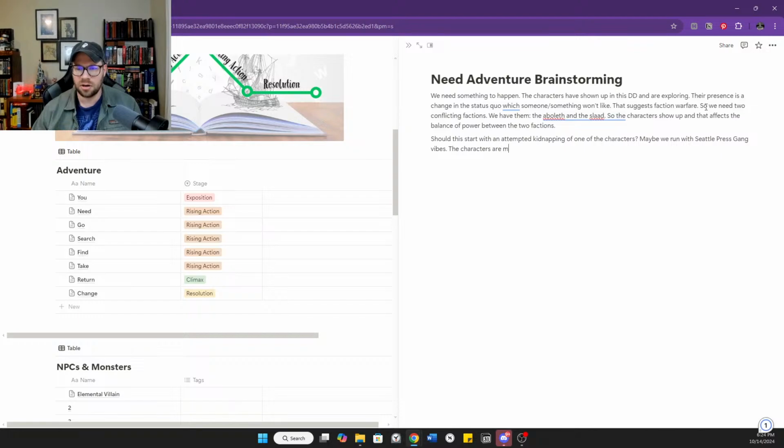The characters are minding their own business as they explore town, and are surrounded by a gang of thugs from one of the factions that attempts to kidnap one or all of them.